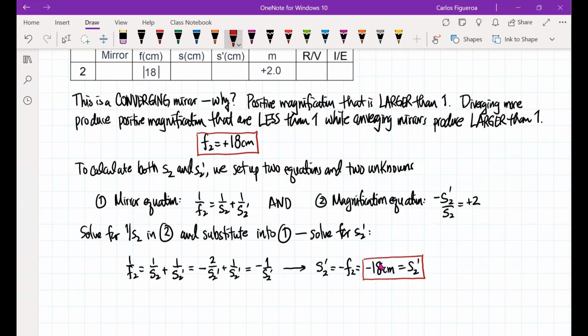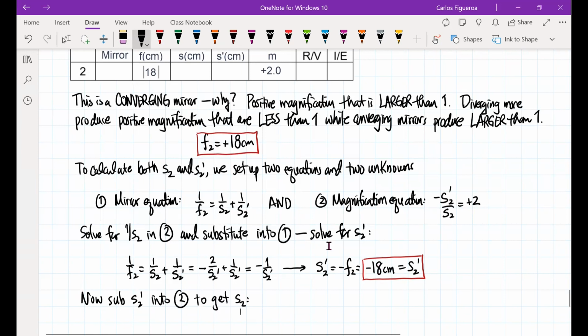So from the image location, what I'm going to do now is I'm going to sub S2 prime into equation 2 to get the object distance S2.